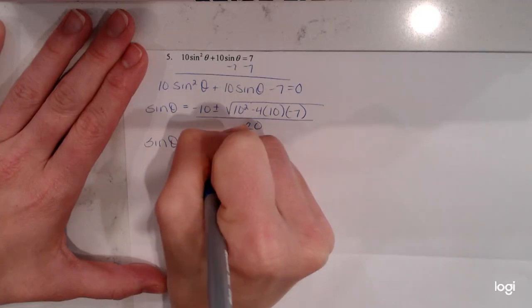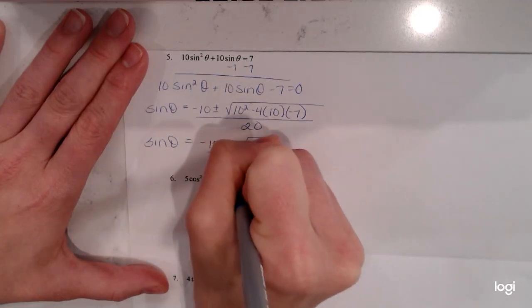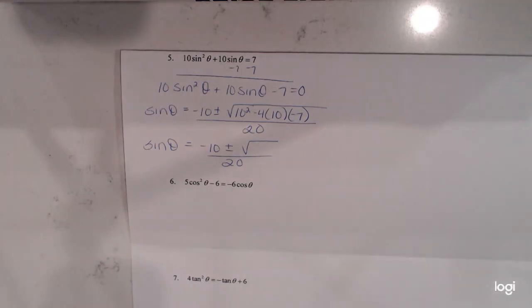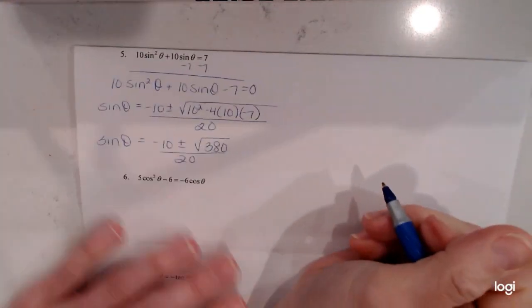Sine theta equals negative 10 plus or minus the square root, and that's going to be 10 squared minus 4 times 10 times negative 7, and that gives us 380.